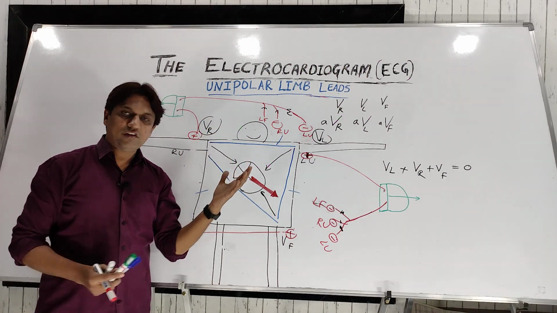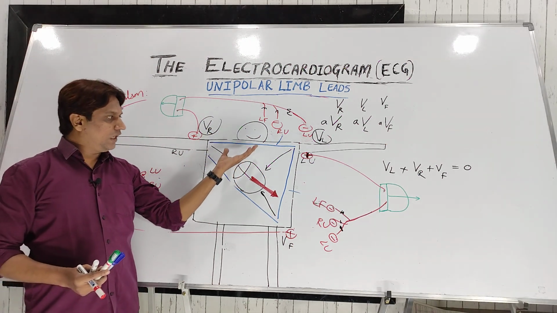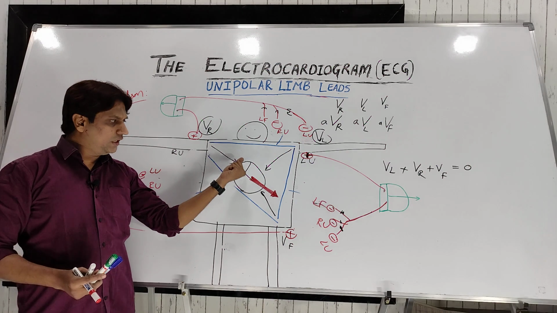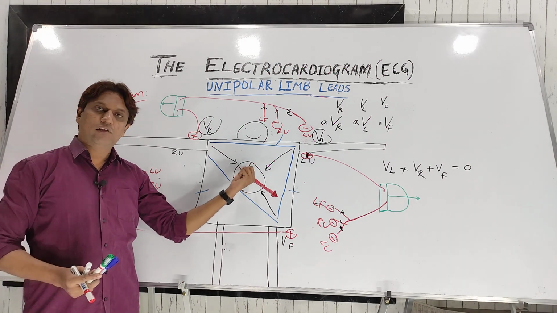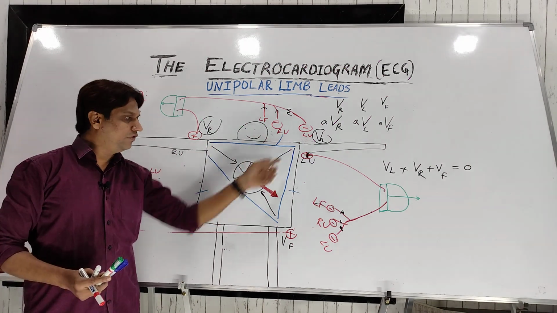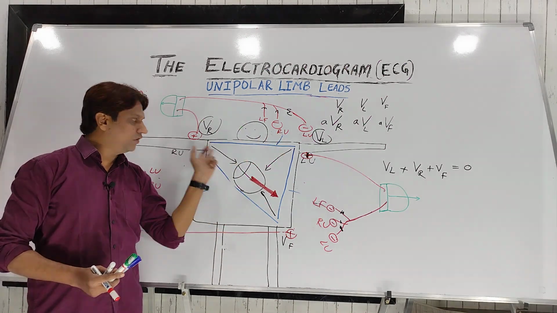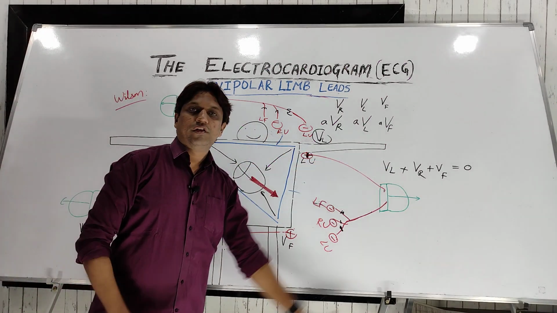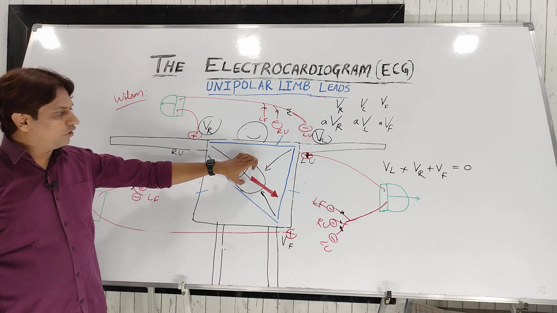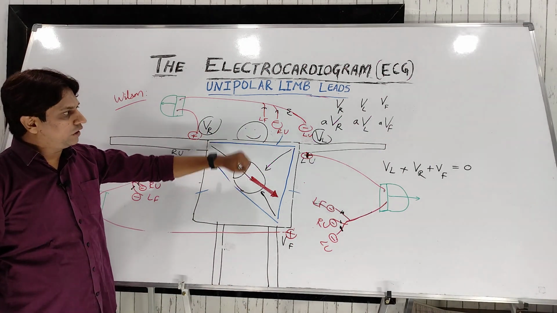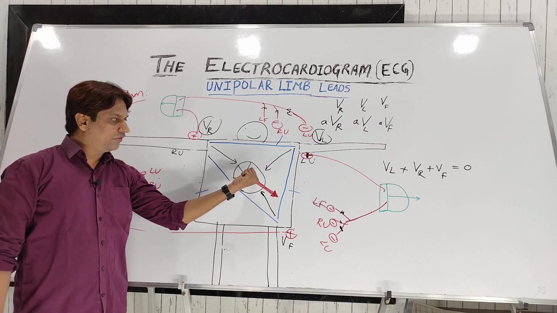So what is the science behind that? In a volume conductor, in an equilateral triangle, if the electrical source is at the center, then the sum of the electrical activity at the ends of the equilateral triangle will be 0. That is, virtually, we are making a virtual electrode. The indifferent electrode is a virtual electrode at the center point.